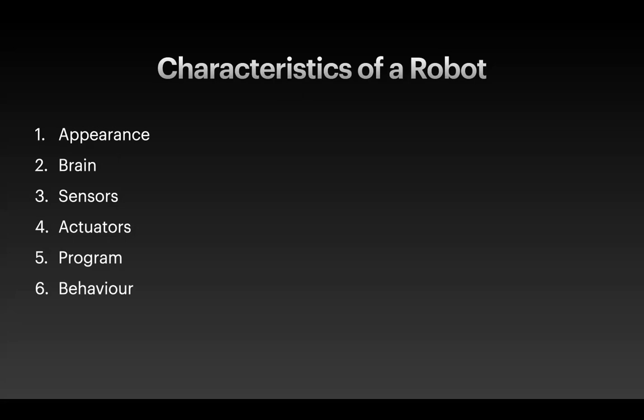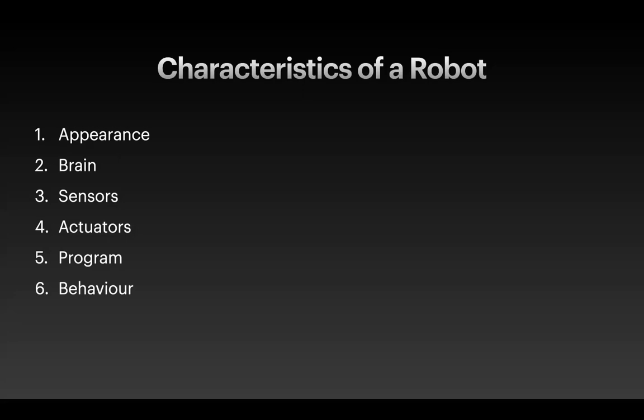It can be a line following robot, or a robot which follows something else, or a robot which takes things from one place and places them in another place. By looking at what the robot does, we can tell the behavior of the robot.